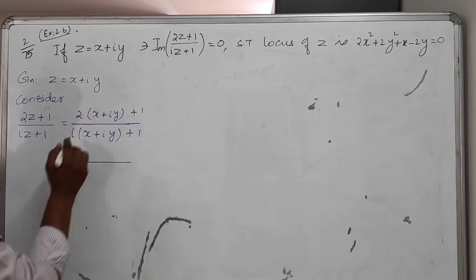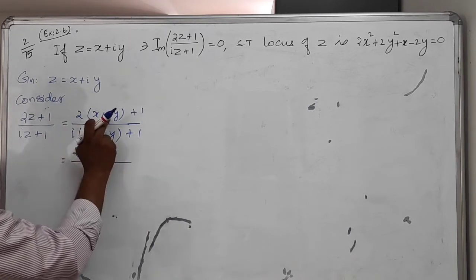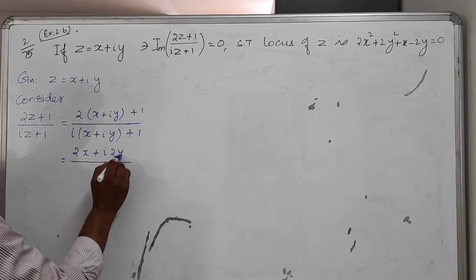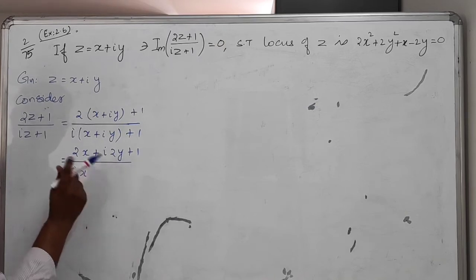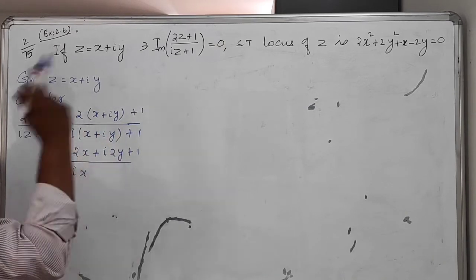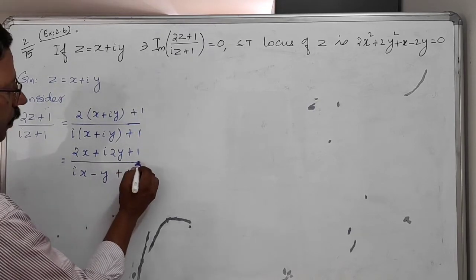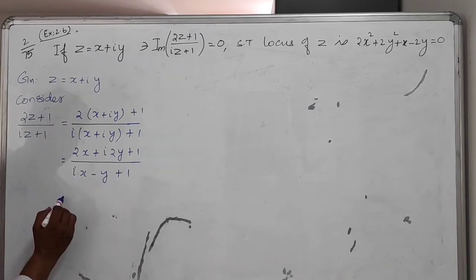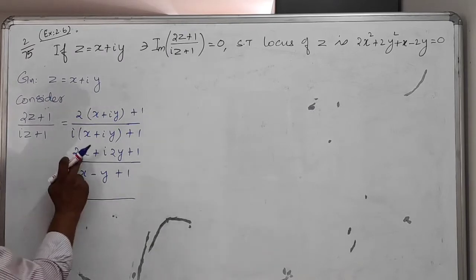Here you can write 2x plus 2iy plus 1 in the numerator, and in the denominator i into x plus iy, that is ix, then i square y, and i square is minus 1, therefore you can write minus y, then plus 1. Okay. Yes, now again this can be rearranged in the rectangular form. See, you can write this and this as the real part.